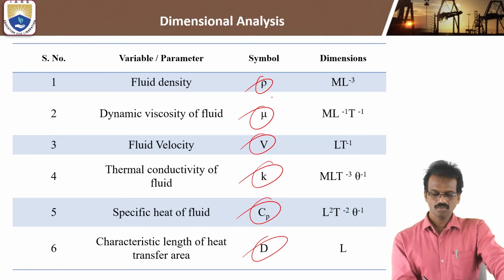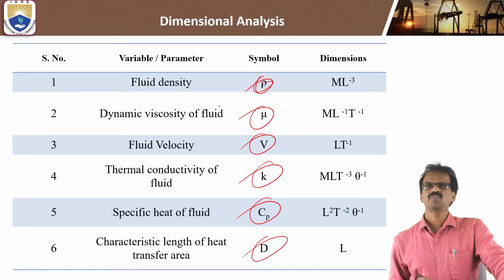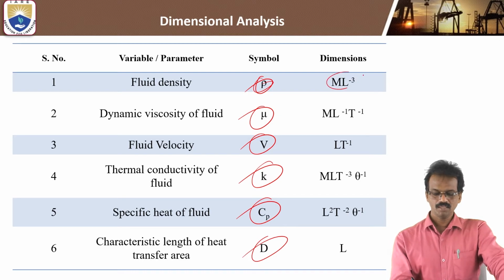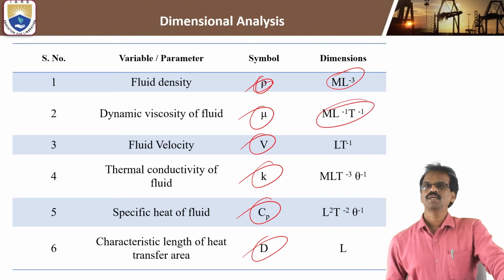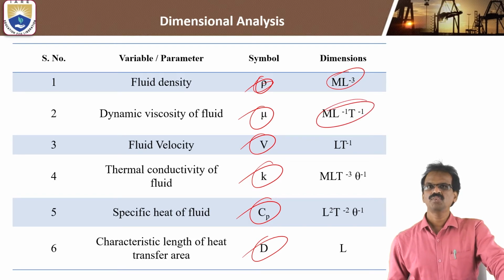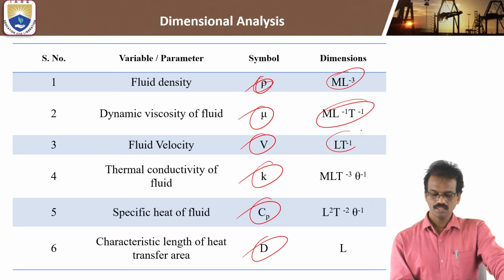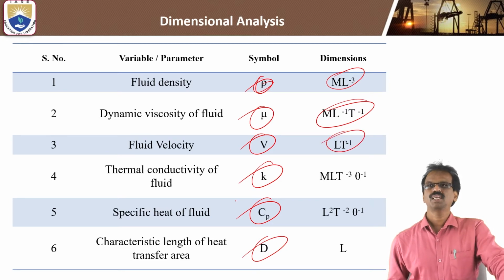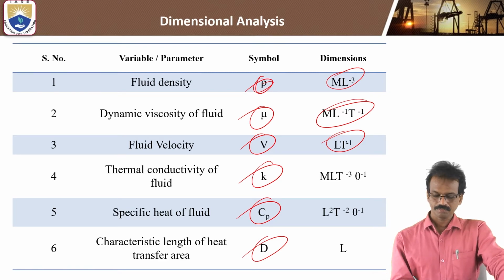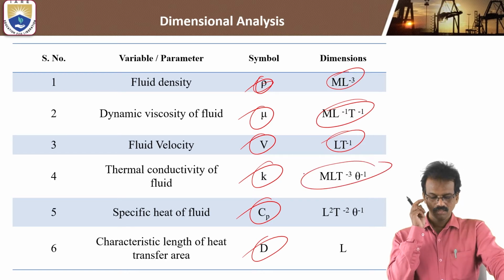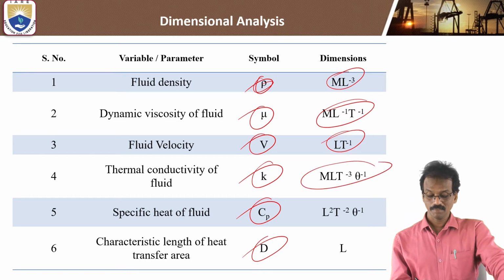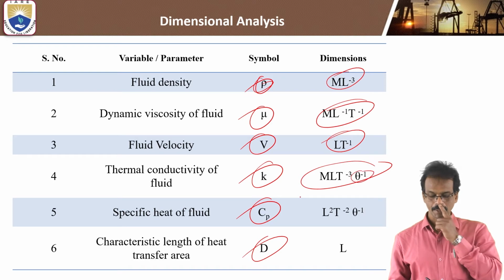You know that rho is mass upon volume, M L minus 3, and viscosity we already derived, M L minus 1 T minus 1, and fluid velocity is length upon time, L T minus 1, and the thermal conductivity, the final formula is M L T minus 3 theta minus 1. So this is the temperature.